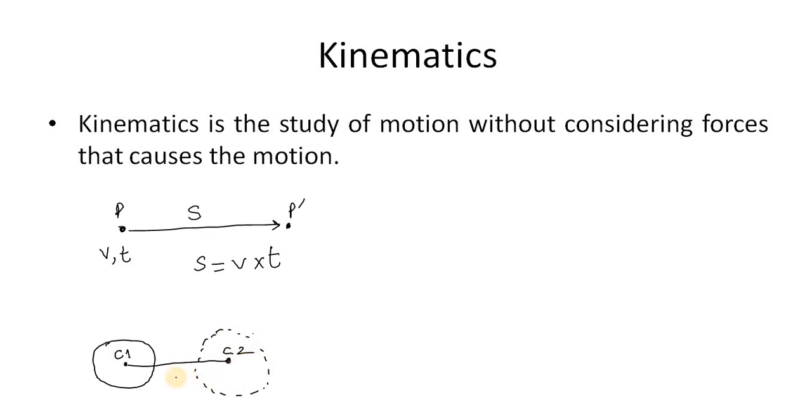So the total distance traveled can be calculated if we know the number of revolutions of this wheel into 2 pi r, where r is the radius of this wheel. So this is again an example of kinematics without considering the forces acting on this wheel.